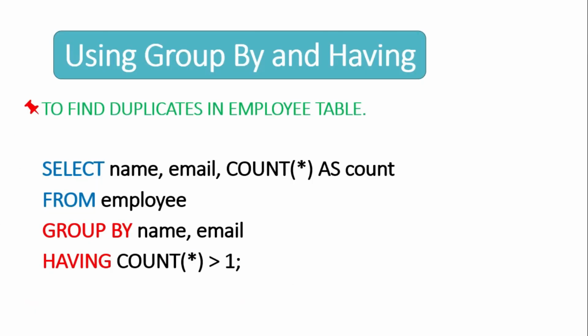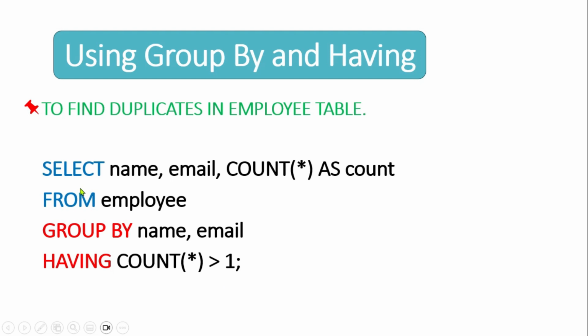So the first method to find the duplicates in the employee table is using group by and having. This method groups the rows by the columns where you want to find the duplicates and then filters the groups to only show those records where the count is greater than 1.